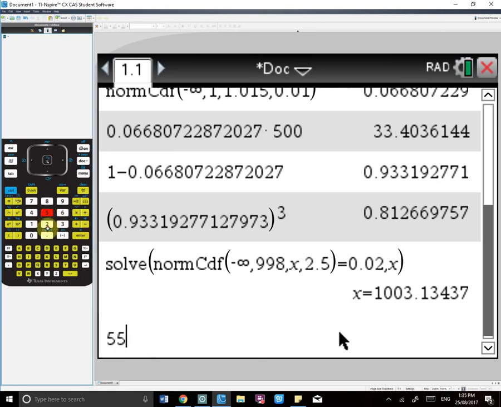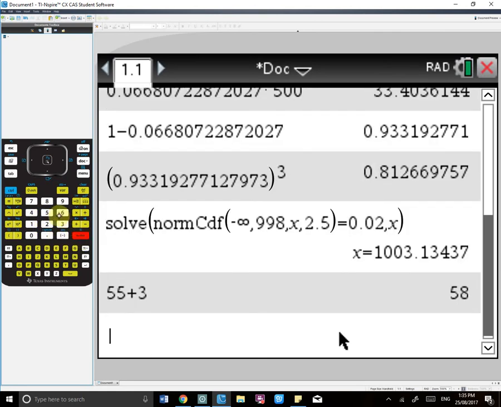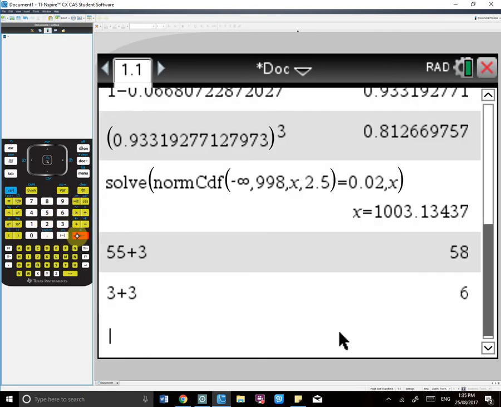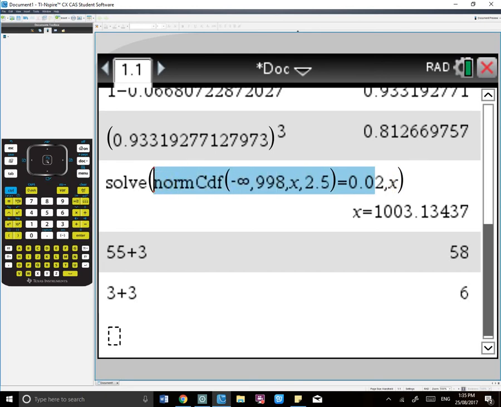I'll just make it higher. Can you see it now? So what you're trying to do is say negative infinity to 998 with the mean unknown and the standard deviation 2.5, with the 0.02 area, and I'm looking for X. That area gives me 0.02, and I'm looking for X.